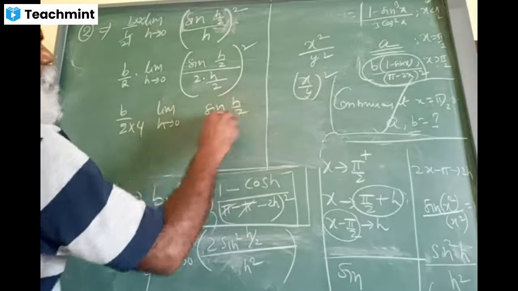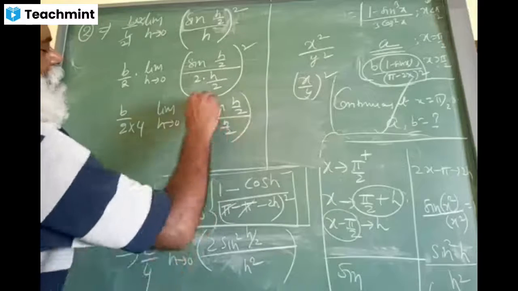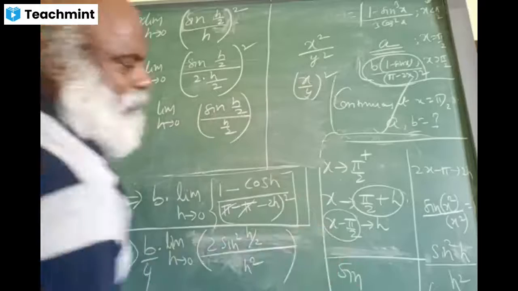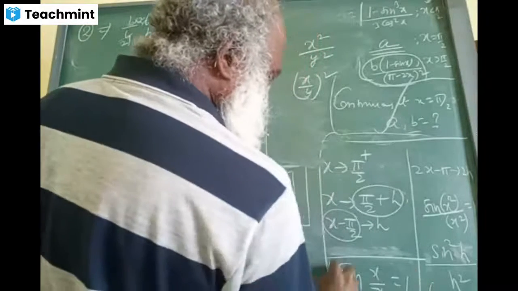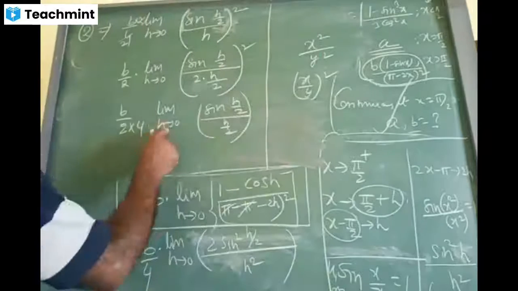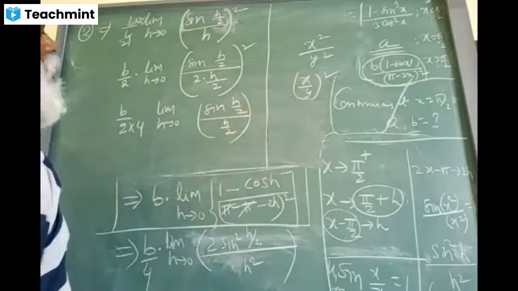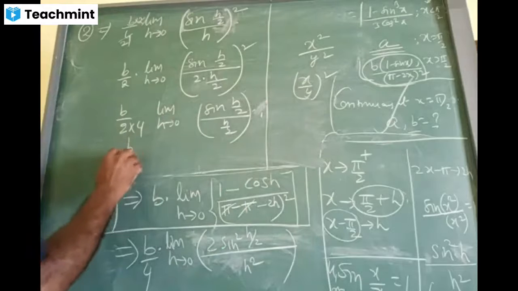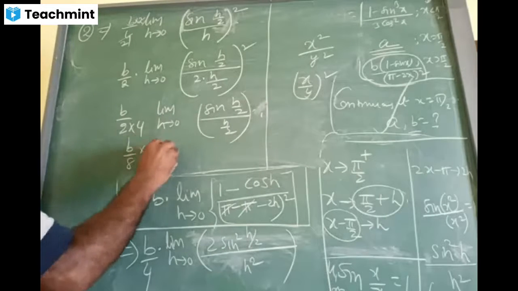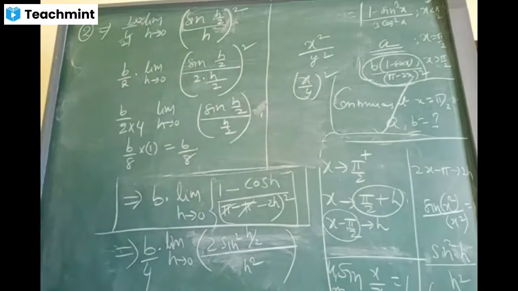Sin h by 2 by h by 2. Now it is in the form of sin x by x. Limit x tends to 0. So as h tends to 0, h by 2 also tends to 0, and this is equal to 1. So b by 4 into 1 by 2, that is b by 8. Second one is b by 8.